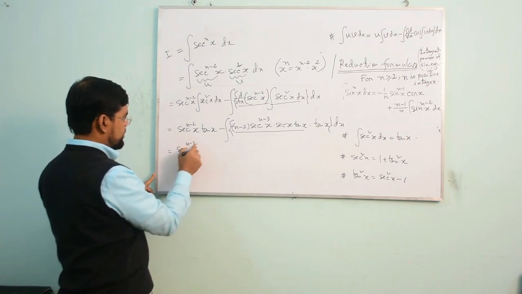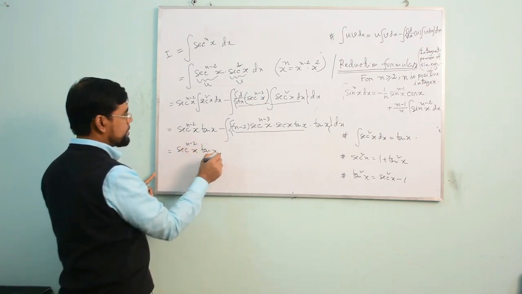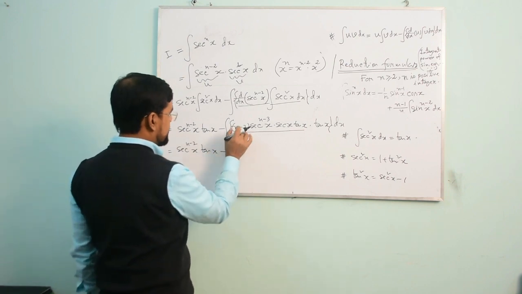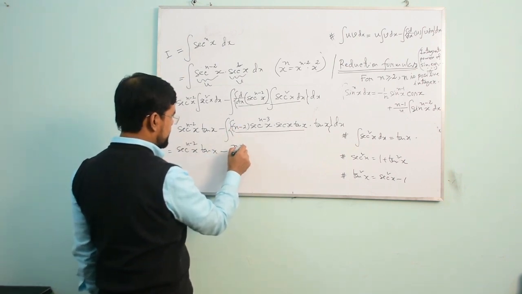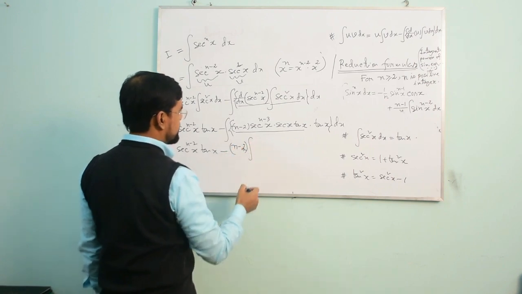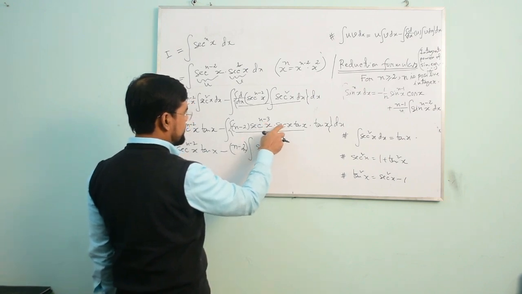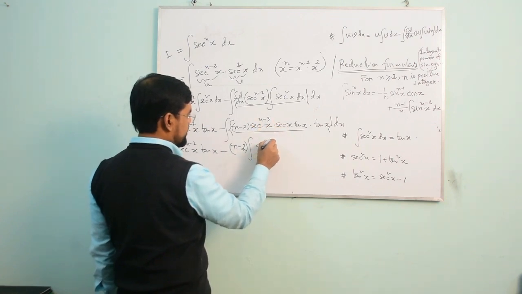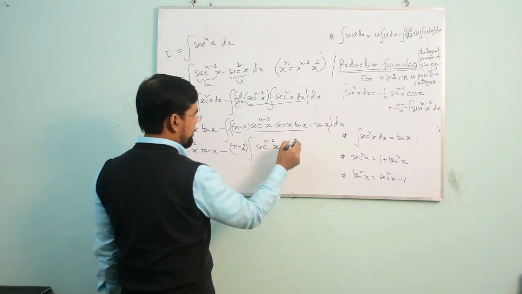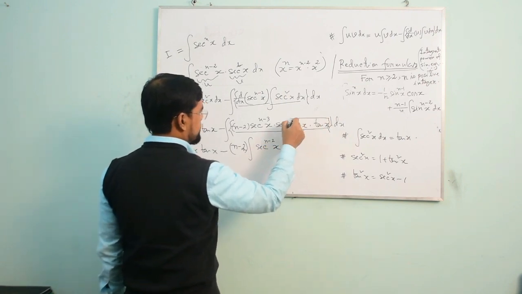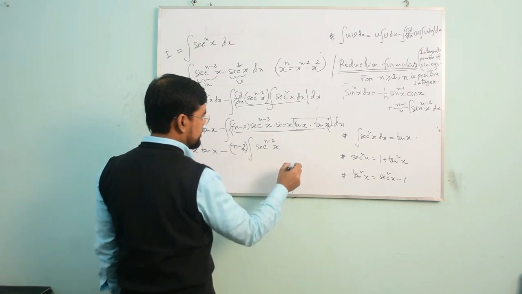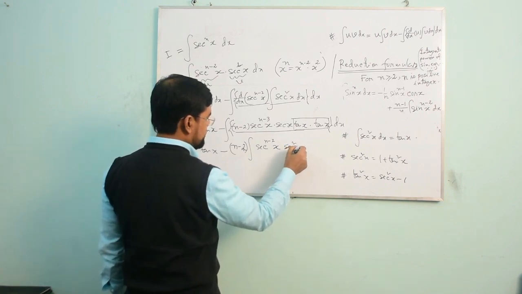So this equals (n minus 2) sec x tan x, minus, you can take it out of the integration, (n minus 2) integration of sec^(n-3) x into 1. If you multiply sec^(n-3) x into sec x, then you will get sec^(n-2) x, and tan x times tan x, tan^2 x, equals sec^2 x minus 1.